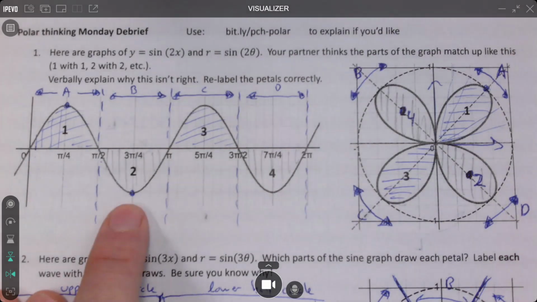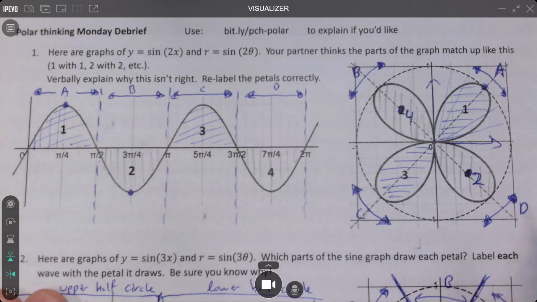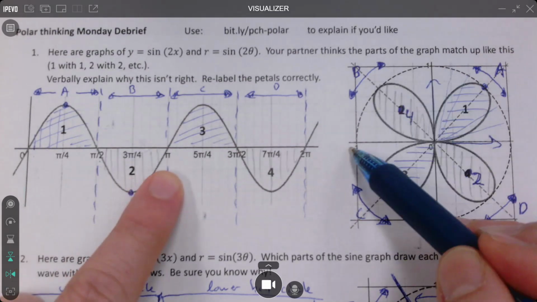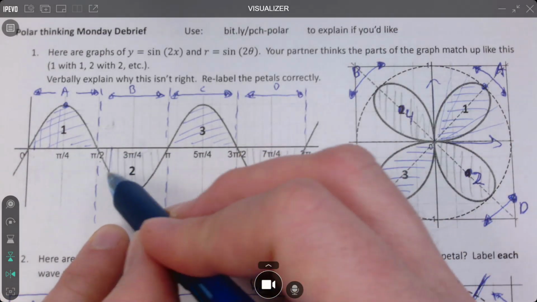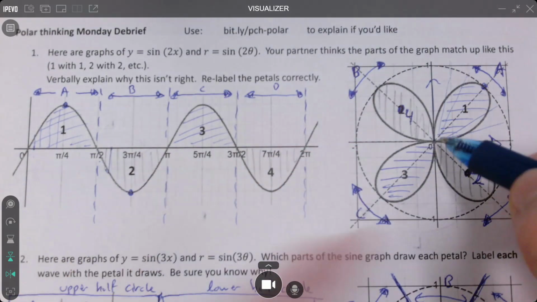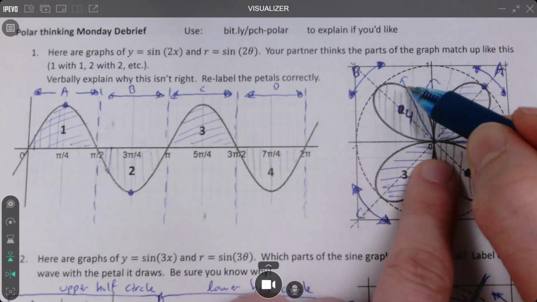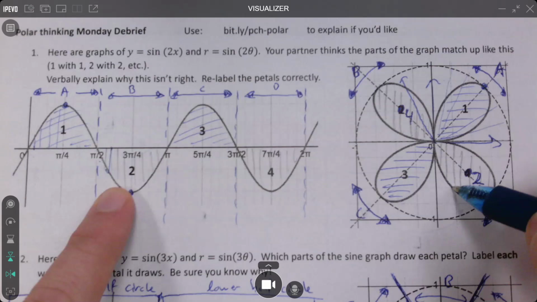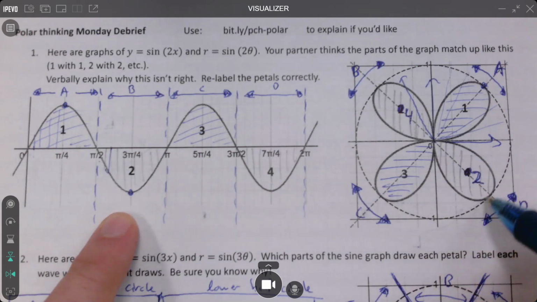What's going on is in this interval of angles, B, which corresponds to pi over 2 facing up all the way through to pi facing left, all of the radii are negative. So instead of walking in the direction I'm facing, a negative radius means that I'll walk in the opposite direction. So all of these values down here are actually plotting over here in quadrant 4. That's why I've marked 2 right there.